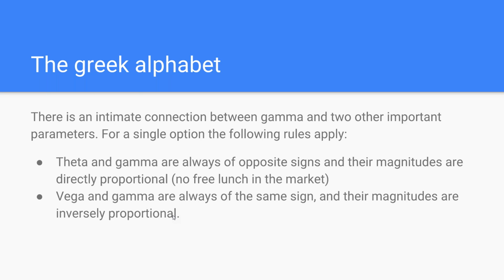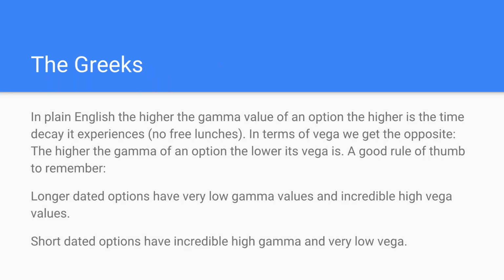And remember, vega is a connection to something that is not under your control. It's something called implied volatility, and that's the whim of the option dealer. So I prefer to be really long gamma, high gamma, and no vega. I don't want to be influenced by option dealers in that sense.